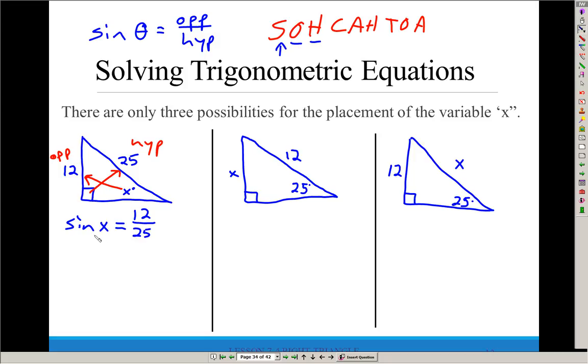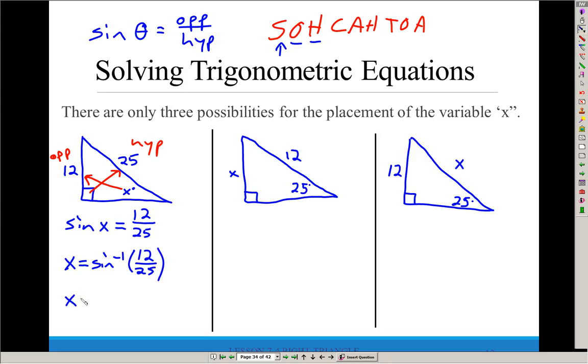When x is the angle, we've already seen this before. When you're looking for the angle, you do the arc function. So we'll do the arc sine. That's the sine -1 of 12/25. Whatever this fraction is, take the arc sine of that.